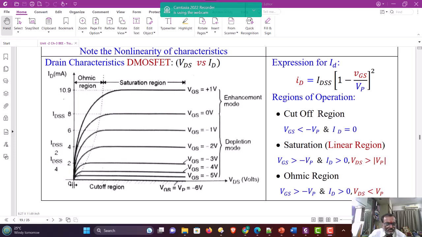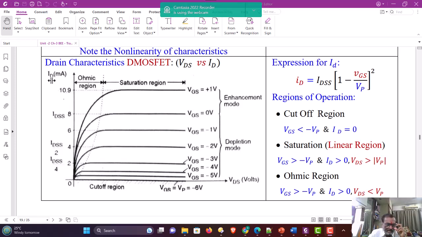When VDS is 0, the electric field established is 0 and therefore no charge carriers are drained from the channel region, and therefore current is 0. The same thing happens at higher negative voltage, at a lower value of the drain current. For different values of VGS, if we plot the curve of ID versus VDS, we get a set of characteristics.